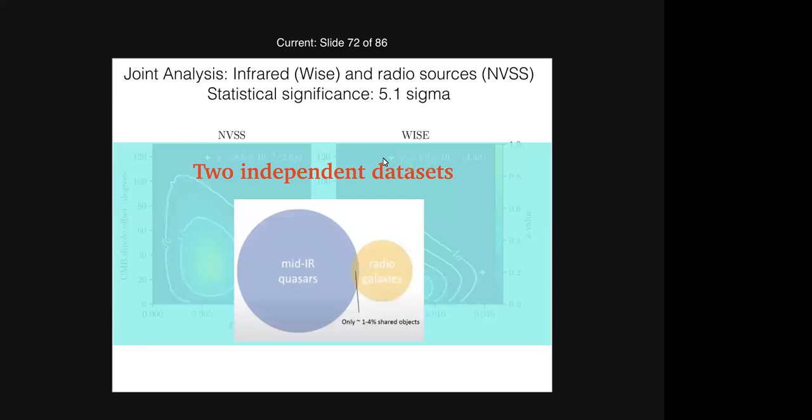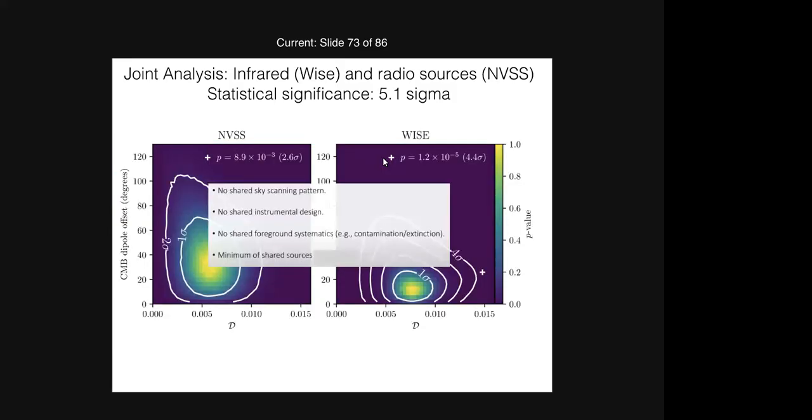So I hope I've convinced you that these are two independent data sets. There are very few sources that are shared by the two catalogs, only 1 to 4%. And so there's no shared scanning pattern.